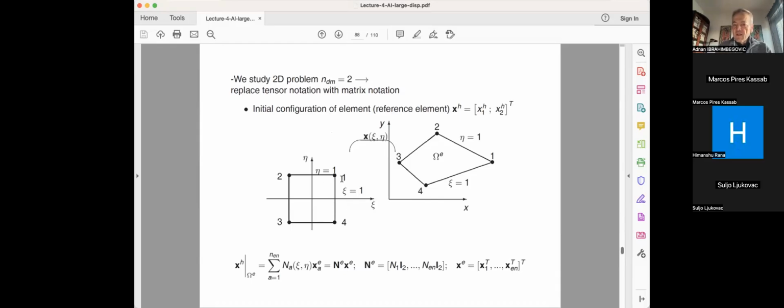Every straight line in the xi-eta coordinates is mapped into a straight line in the physical coordinates. We discussed already that none of these internal angles should be larger than 180 degrees. Otherwise, you get into trouble representing this uniquely. The transformation from the coordinates to x and back is no longer a bijection, so you don't have one point here corresponding to one point in real physical space, and everything breaks down.